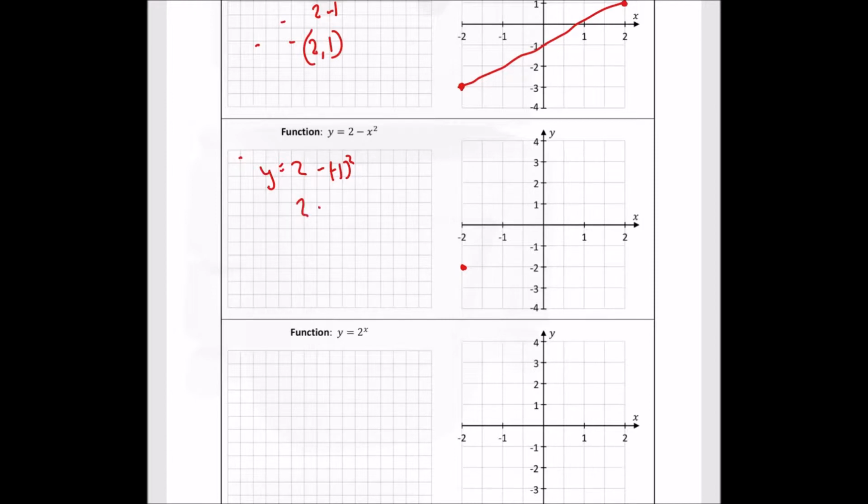So it'll be 2 minus, and minus 1 squared is 1. So that is 1. So I put in minus 1 and I got 1. Next one, put in 0. So 2 minus 0 is 2. So I got out 2 when I put in 0. So 0, 2.